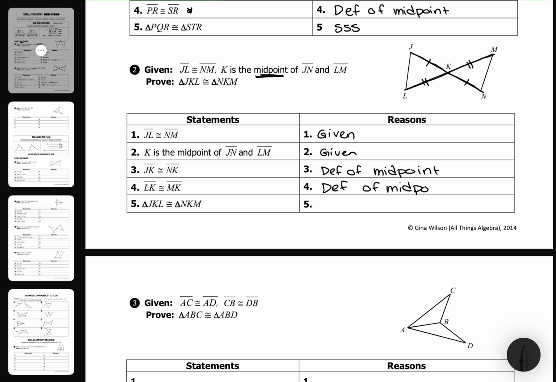Now, if this was a blank proof, you would be more than welcome to combine these two steps into one row. And honestly, you could combine these two in another row and shorten the proof. For these ones, we're just splitting things up just to make sure that all the steps are a little bit clearer. So now that I have these three statements, I have three pairs of congruent sides. That's enough to prove the triangles are congruent by SSS.